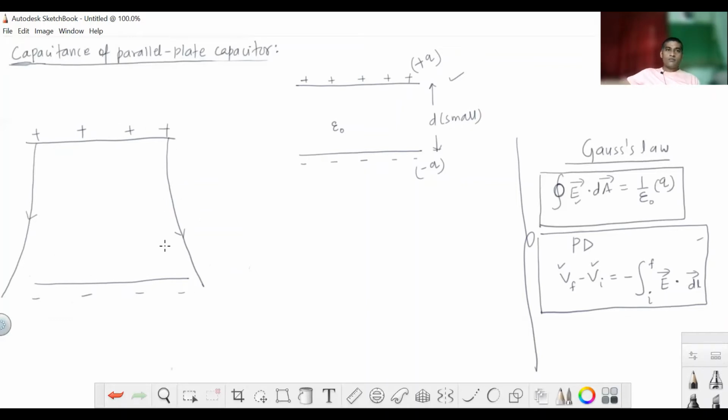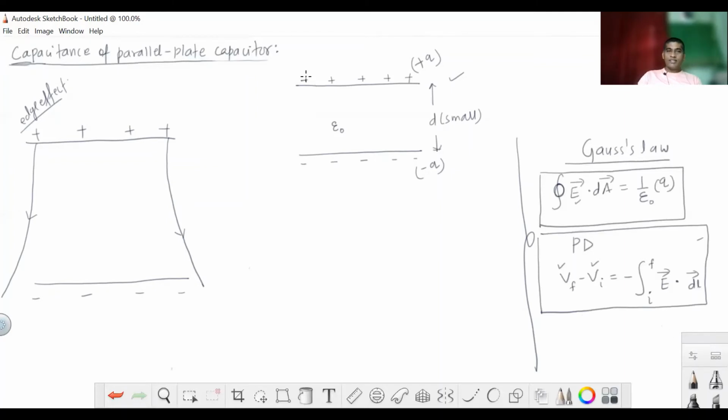We can see electric field lines starting from positive plate are not terminating on negative plate. This kind of effect is called fringing effect. And electric field is not uniform between these two plates. So we must note it. Clear? Now, this fringing effect is minimized by taking two plates at small distance. Clear? So we keep the distance between these two plates small.